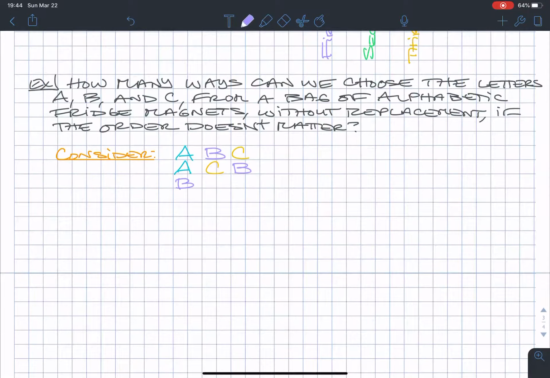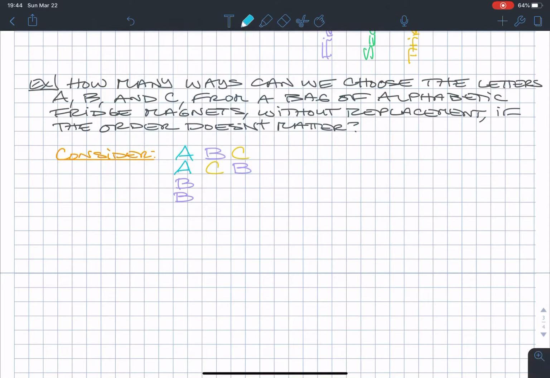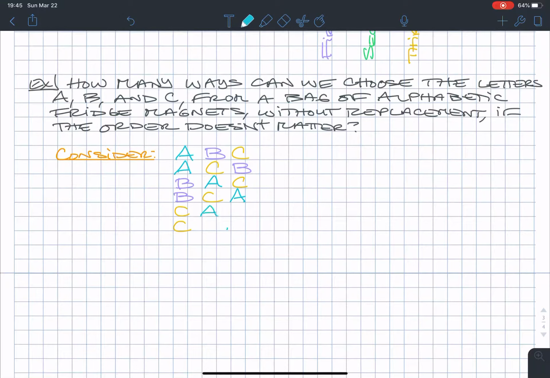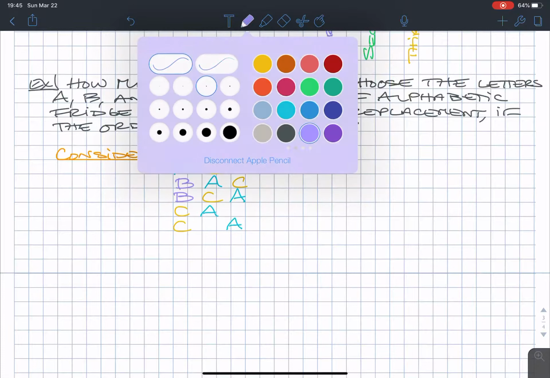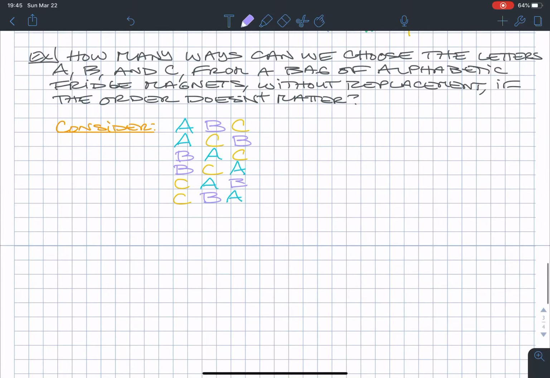Okay, I could have B first. And then, what color did I use for A? A. Or I could have C first. A. The B's. So these are the 6 possible arrangements, and I know arrangements won't matter.